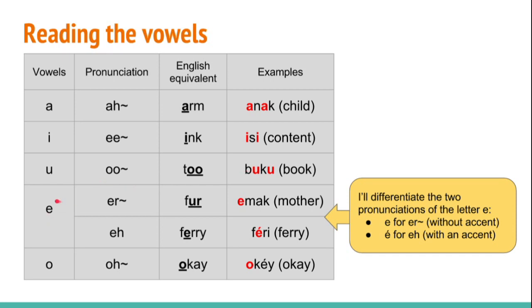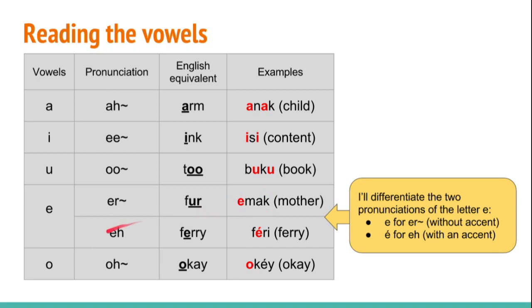Alright, next up we have the letter E. And the letter E is a bit special here because it has two pronunciations. For the first sound, in English you have, for example, the word fur. In Malay, you can see as an example the word emak.